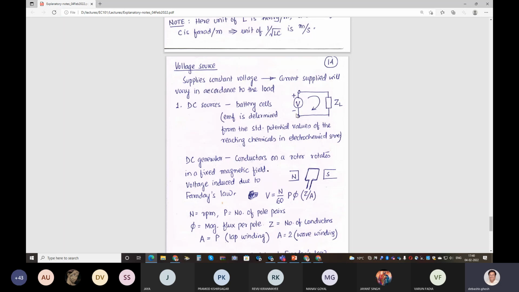When we model it in a voltage source, you have to put that R in series with it, because current is flowing through it. Then the actual voltage appearing across the terminal will be V minus I into the source resistance. So that's why you put it in series.